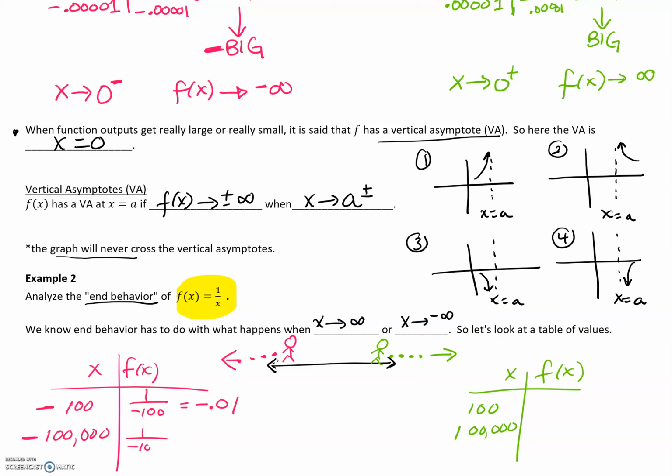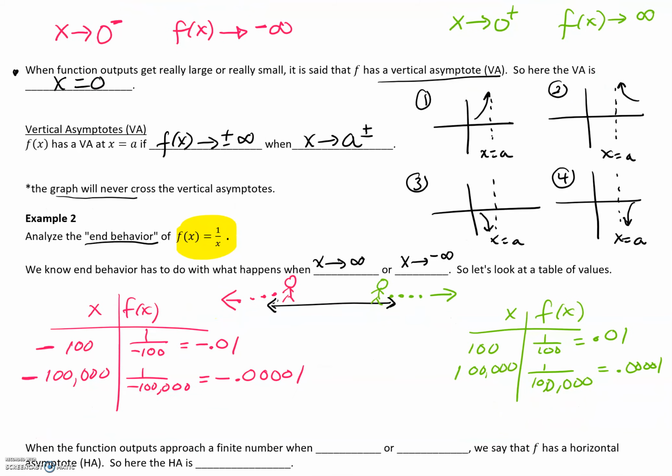If I put negative 100,000 in my function, that's going to give me something even smaller. And basically, similar things happen. If I put in a big negative number, let's say negative 1,000,000, this is going to go close to 0. It's basically going to become a negative tiny number.